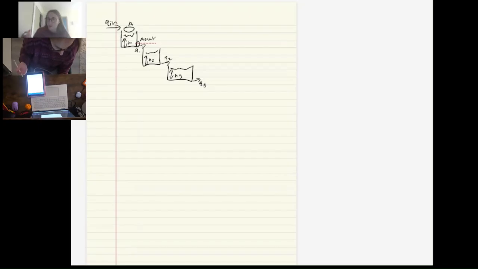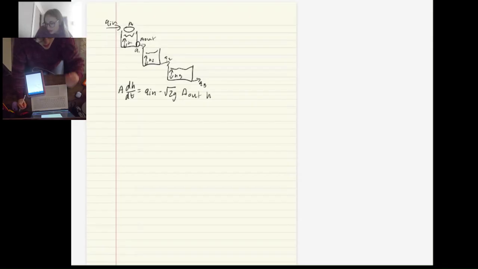So what we want to do is a linearization of this. So we can look at the differential equation. We have the area times dH/dt, which gives us a volume, and that is equal to Qn minus the square root of 2g, times the outlet area, times the height to the 1/2.